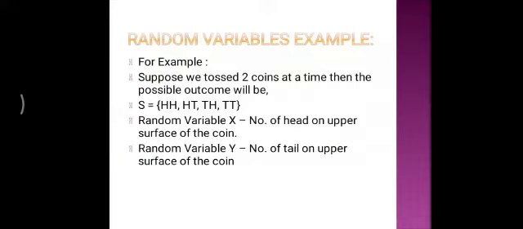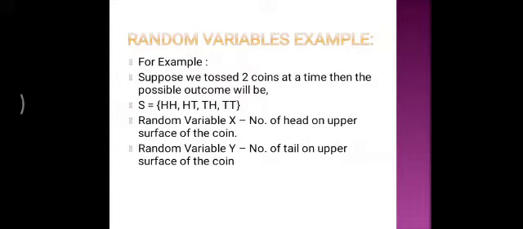For example, suppose we toss two coins at a time. Then the possible outcomes are either head head, head tail, tail head or tail tail. We combine all these outcomes in one set and give it the name sample space.